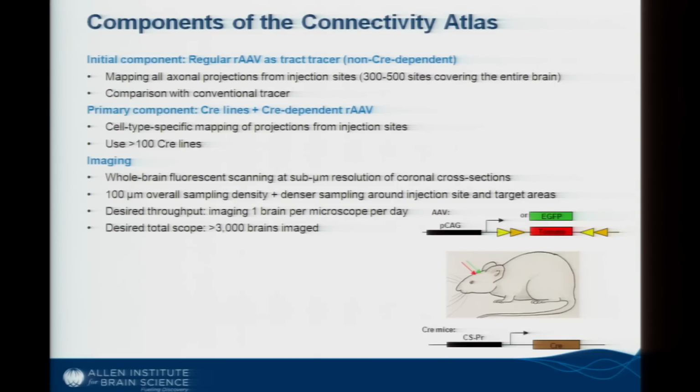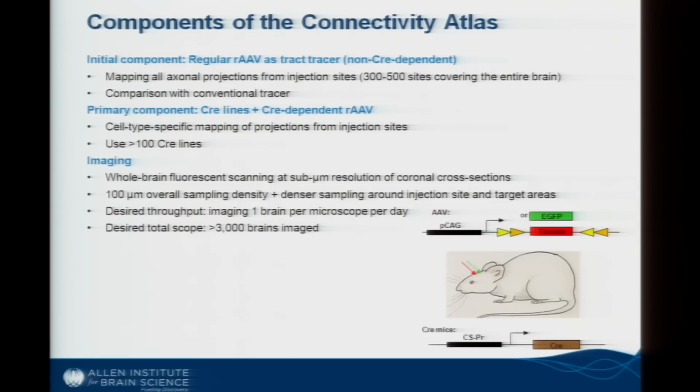And then to speed up the capturing process, we're actually going to do 100 micron sampling density overall throughout the entire brain. So there will be a lot of gaps in between sections, but we think that on this global scale, the data would be sufficient to capture the big picture. Of course, we always have the option of doing denser sampling around injection site and target areas by supplementing with confocal imaging or something like that.